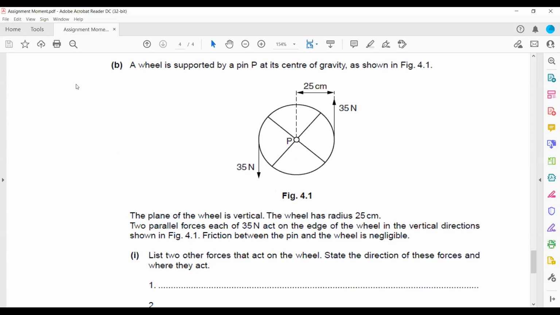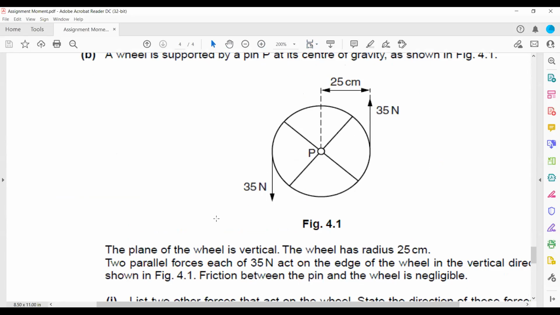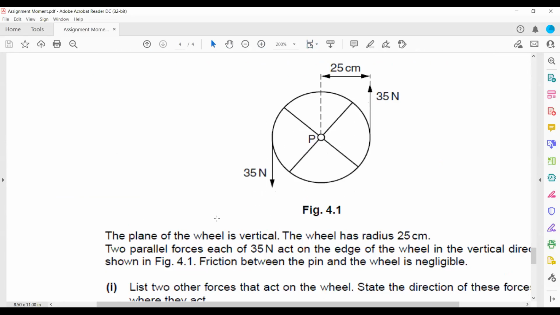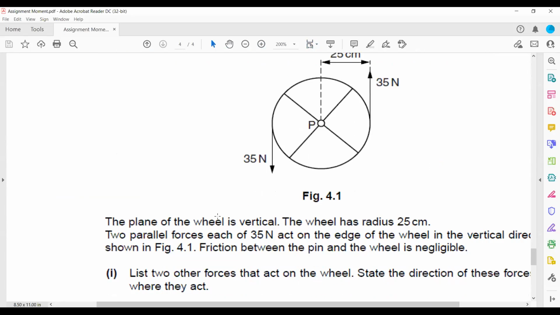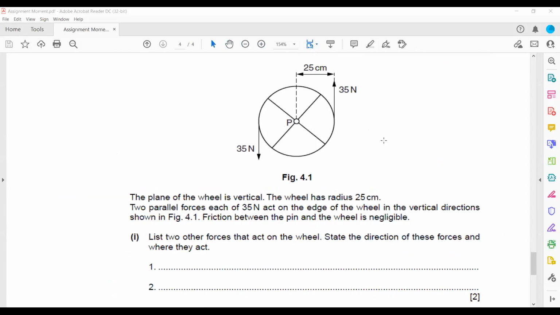In this question, a wheel is supported by a pin P at its center of gravity as shown in the figure. The plane of the wheel is vertical, and the wheel has a radius of 25 centimeters.